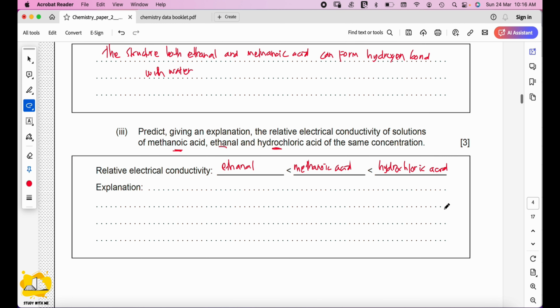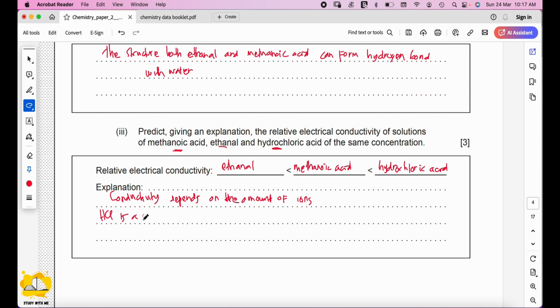So for the explanation here, you can just write: conductivity depends on the amount of ions.